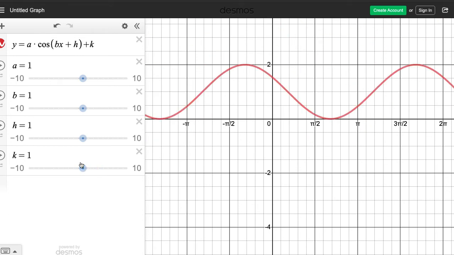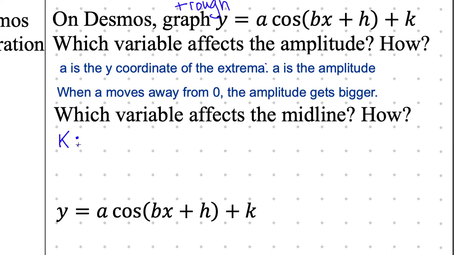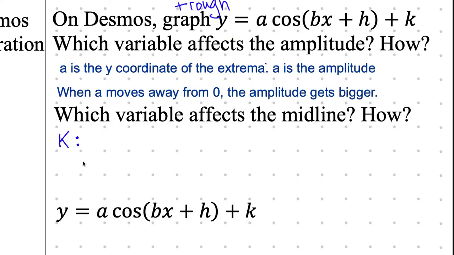So the answer is K. You guys now need to write down, or at least think about, how is it affecting it? And how is K affecting the midline? Give you guys another 30 seconds to think and write. And then we're going to talk with the neighbor again.